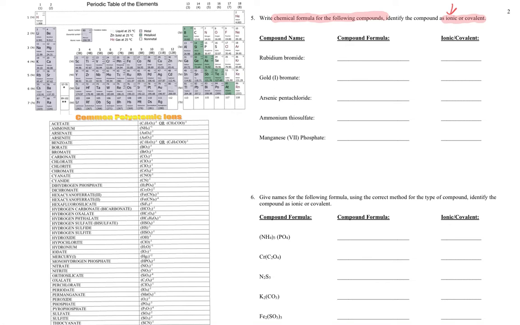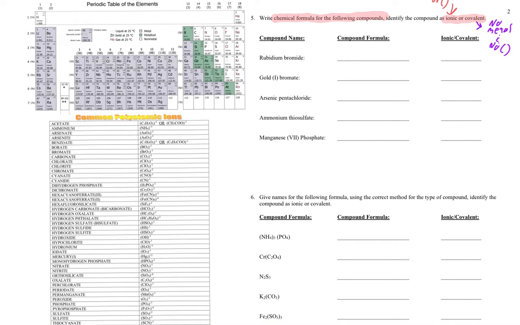Remember, ionic compounds have metals in them, or they have parentheses from this common chart of polyatomic ions. Covalent compounds are not ionic, so they have no metals, and they also typically do not have parentheses.